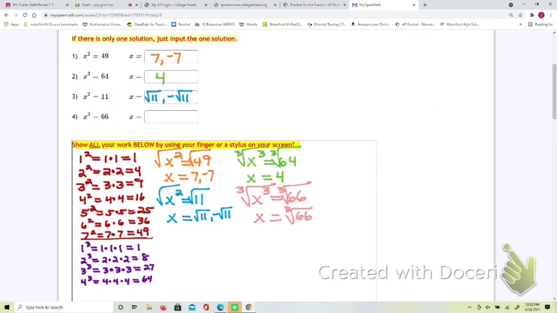Now negative, square root, 11. Do you have a space in front of there? No. Okay, put your negative back in. And you have to have a comma after the first one. Comma. There you go. Okay, now this one, the cube root is the one with the n. And then you type your 3. And then inside, you got to put your 66. That's it. You should be good.